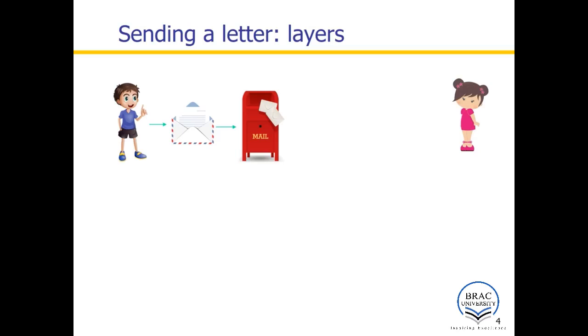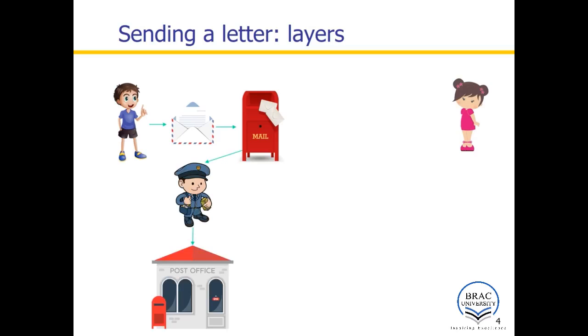After putting it in the envelope, the letter should be put in a mailbox. From this mailbox, a postman will collect the letter and deliver it to the post office.